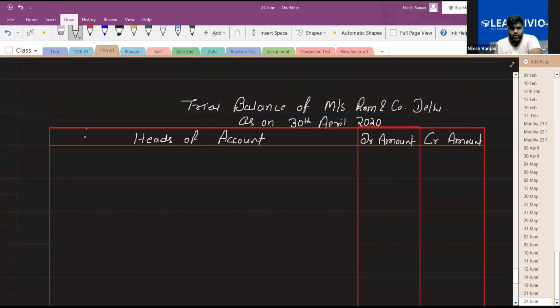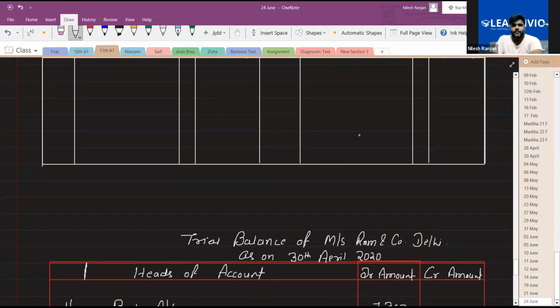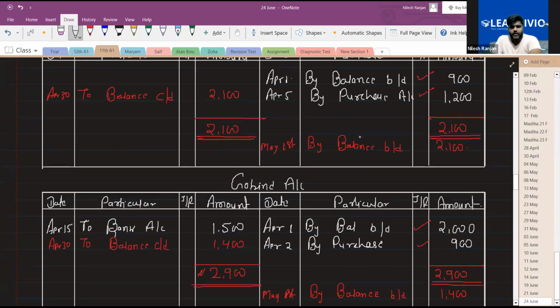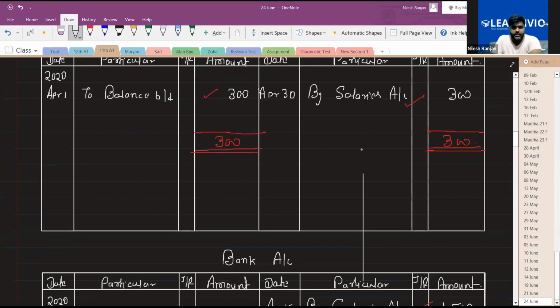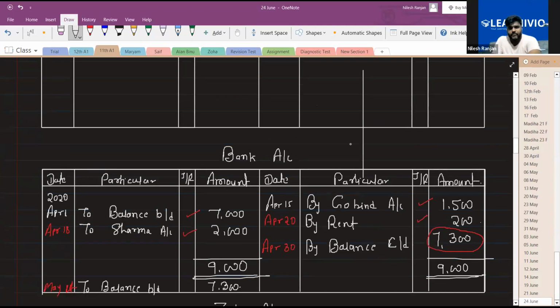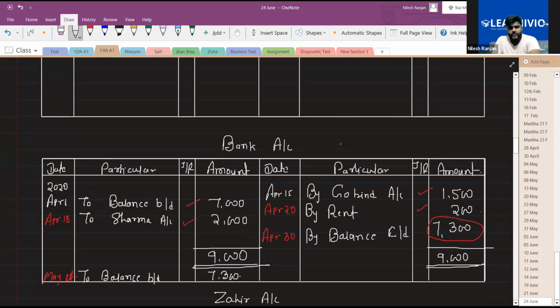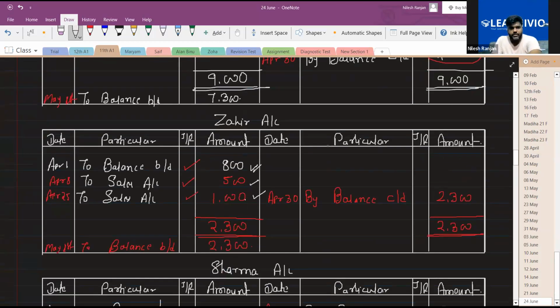So this column, you can create one for serial number, or you don't actually need it, but you can create it. So 7,300. Then after bank, it is Jahir account.